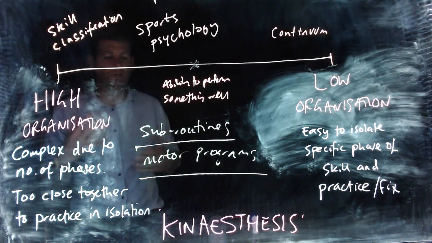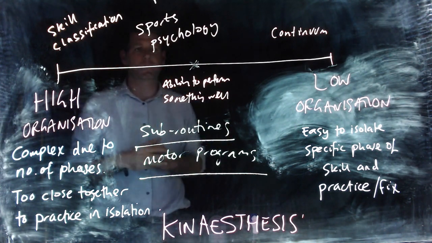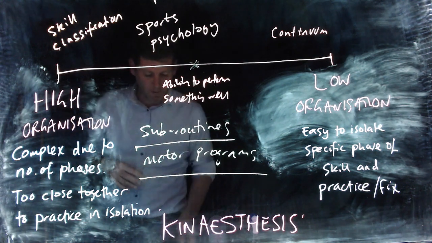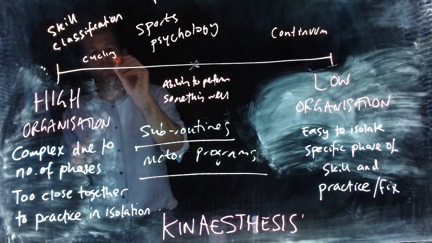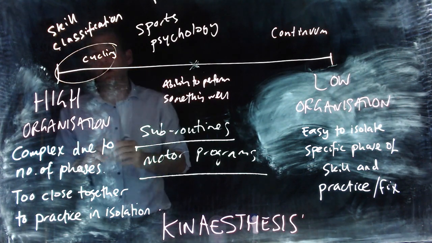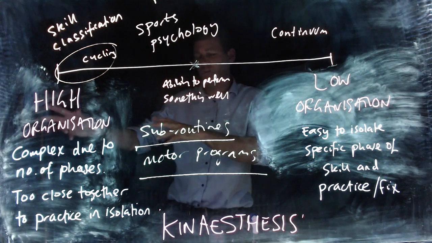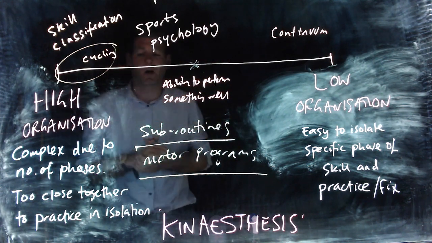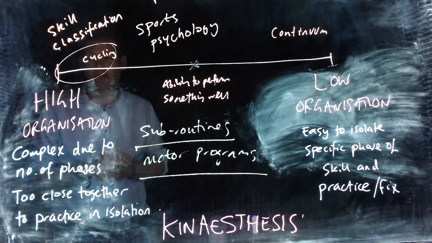And because the phases are so close together, it's really difficult to break them down and practice them in sort of isolation. And a great example of this would be cycling. If you took a Tour de France cycler, you'd put them at the high organisation stage because it's really difficult to stop cycling mid-cycle and break it down into constituent parts. So that tends to be what we call a high organisation skill.